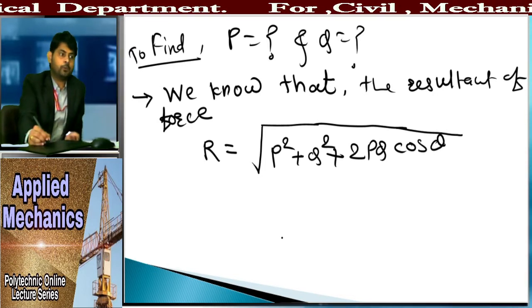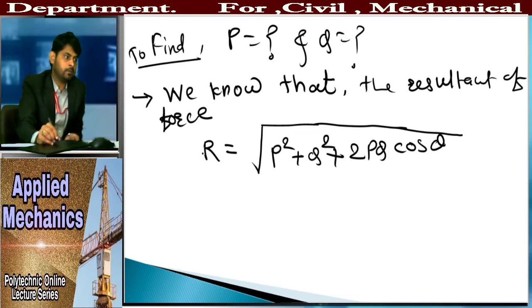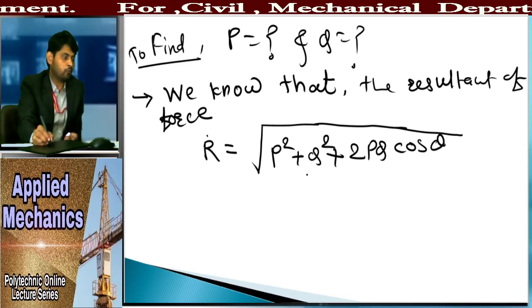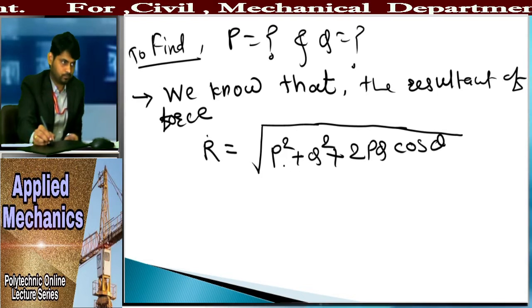This is the formula we know, right? Here the value of R we know, P and Q we have to find out, right?